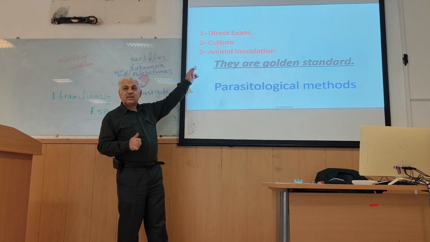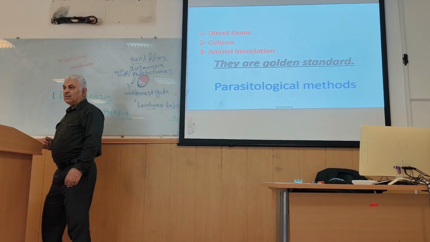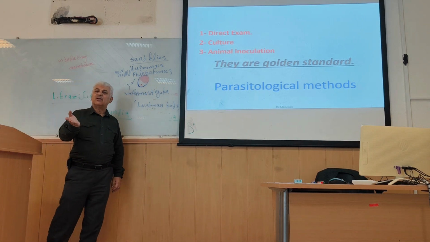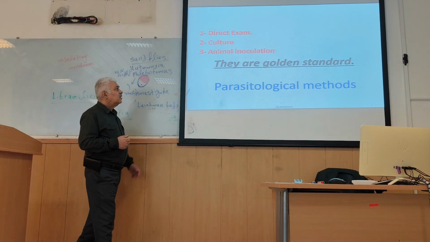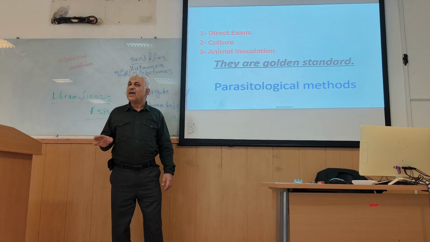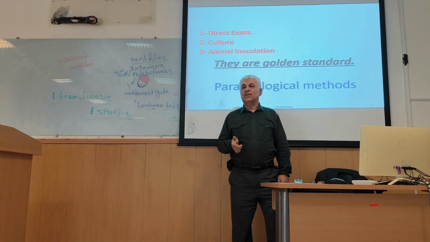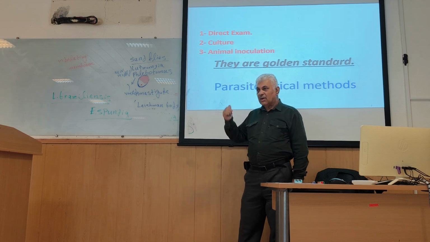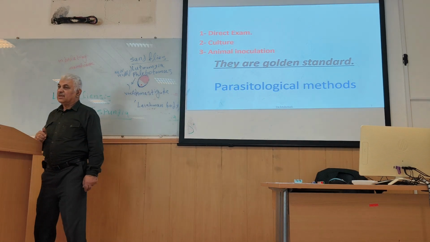The second method is culture. We can culture all species of leishmania in culture media. And the third is animal inoculation. We have some susceptible animals for each species of leishmania, and we can use this method for the diagnosis of leishmaniasis.